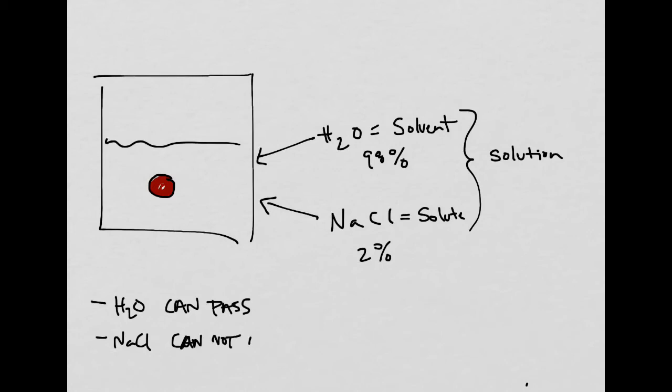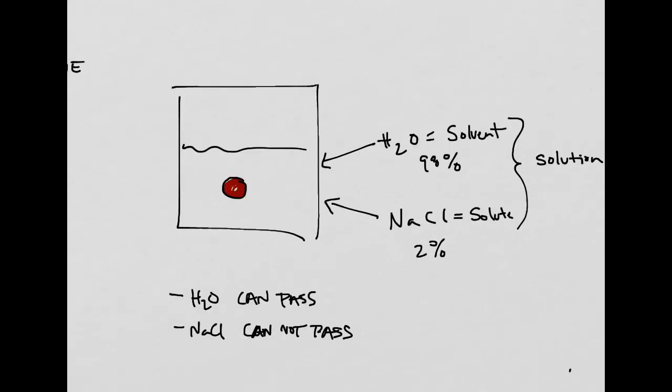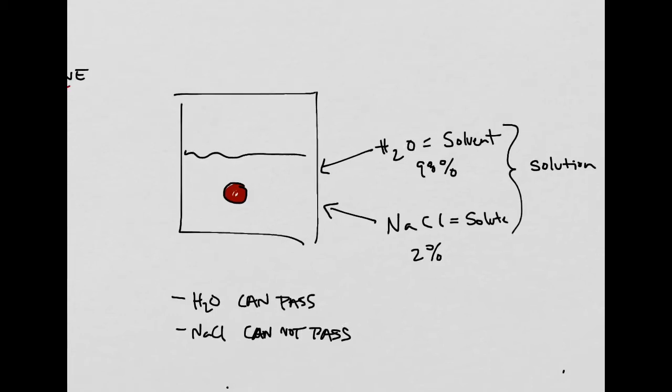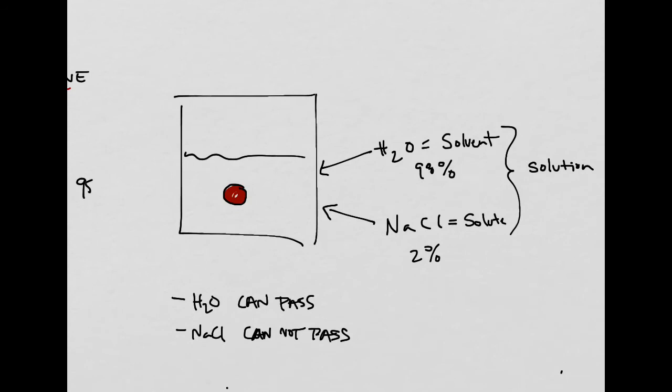Okay, and in my cell, the initial concentrations that we're starting out with, let's say I have 95% water inside my cell, and that means I have 5% NaCl inside the cell.